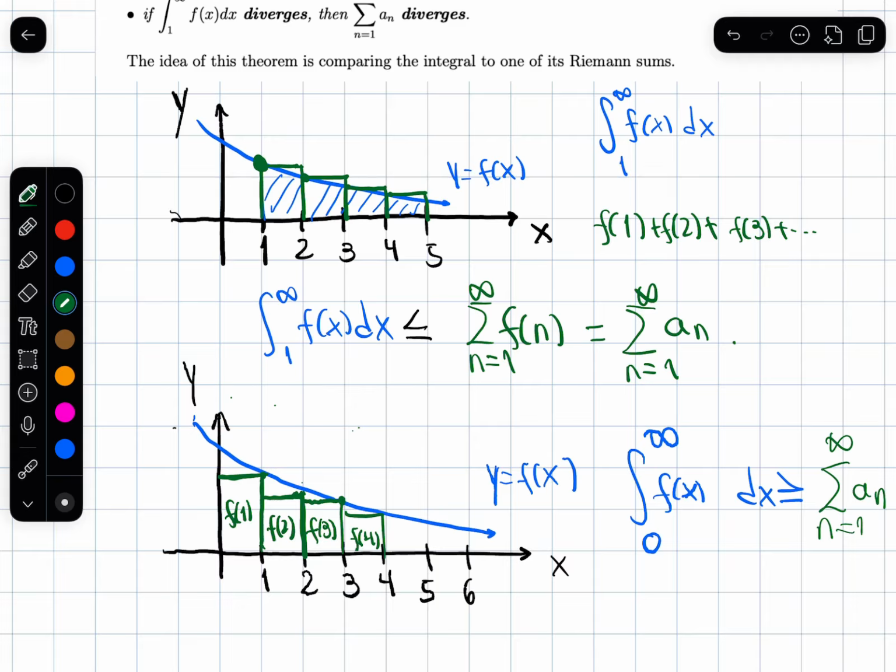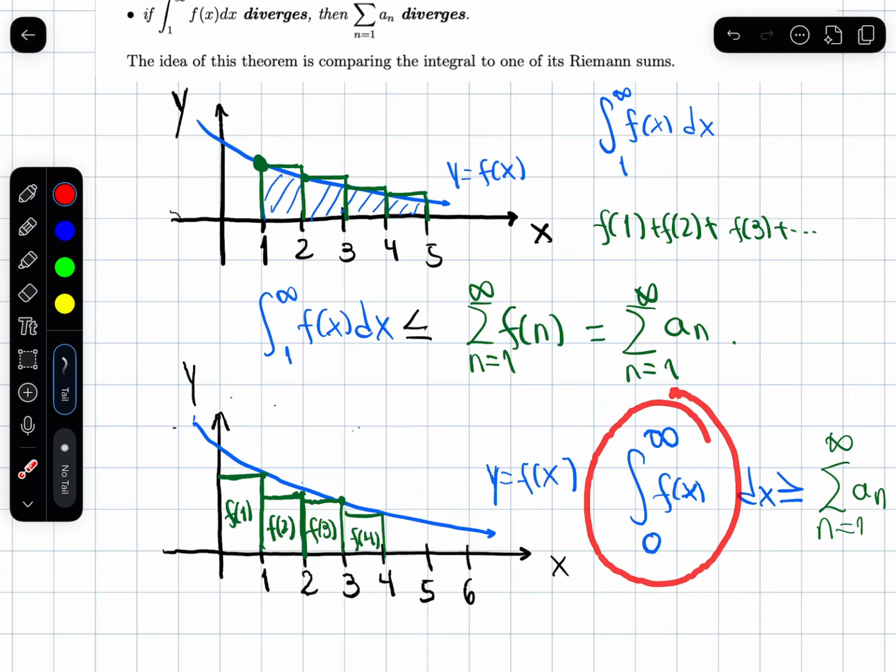So if this thing happens to be a finite number, then there's no way this is going to be infinity, because the left side is bigger. If this is finite, then this also needs to be finite, because the left side is bigger.